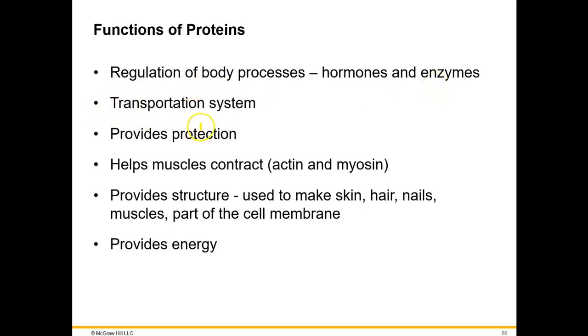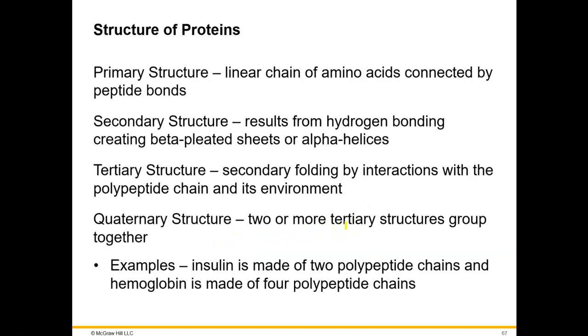Proteins can transport, for example, the protein hemoglobin in our red blood cells transports oxygen. Proteins can provide protection. They can help muscles contract, like the proteins actin and myosin cause muscle contraction. Proteins can provide structure. They are part of the plasma membrane, and they can provide energy.